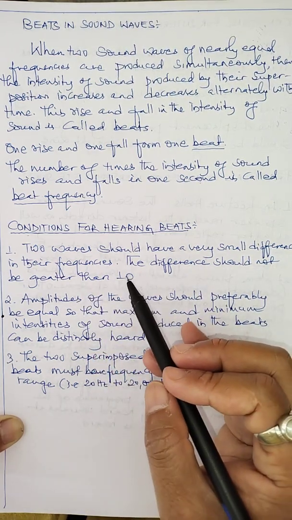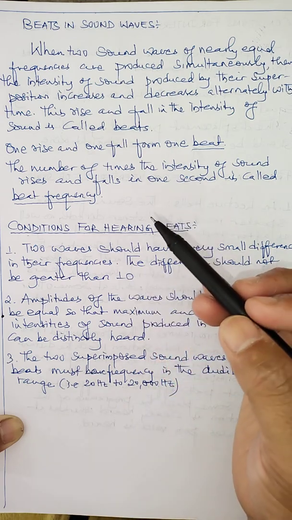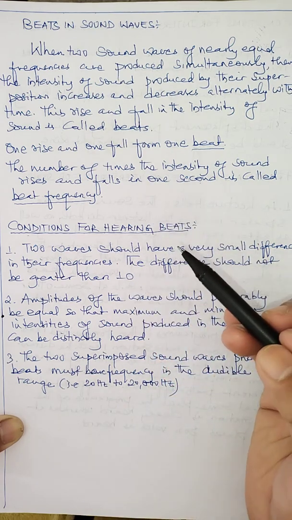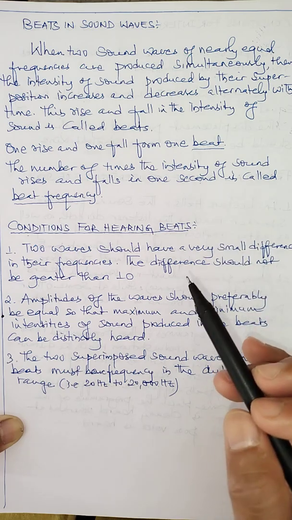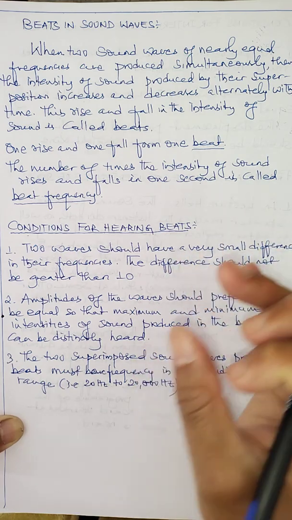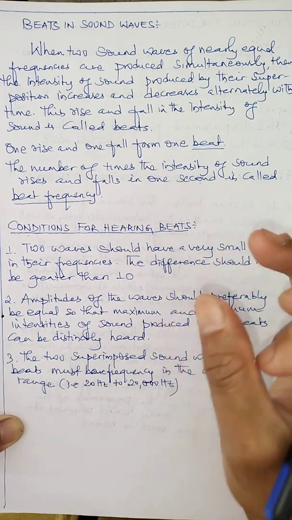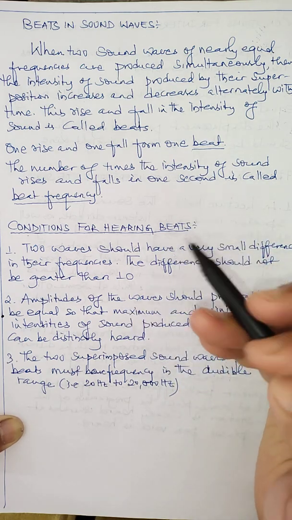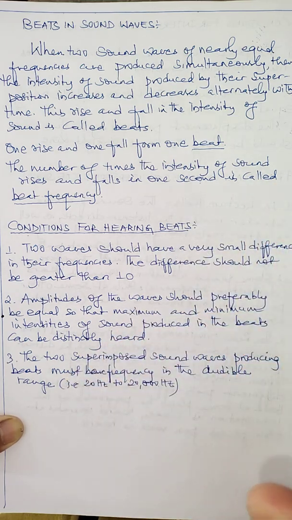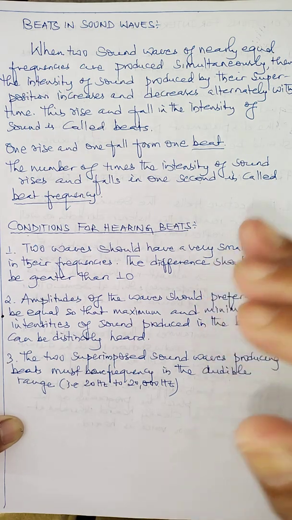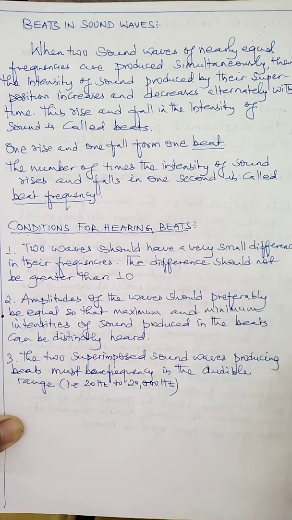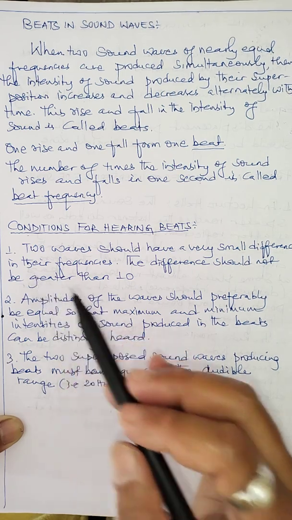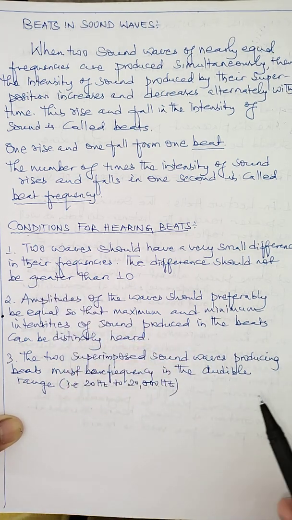For example, if one wave has a frequency of 20 hertz, then another wave should have a frequency of 29 hertz, like that. That means a difference of 9 or maximum 10, but not greater than 10. Otherwise, if the frequency difference is large, we cannot hear beats. We can hear only one sound, with no beats. So that's one of the important conditions for hearing beats.